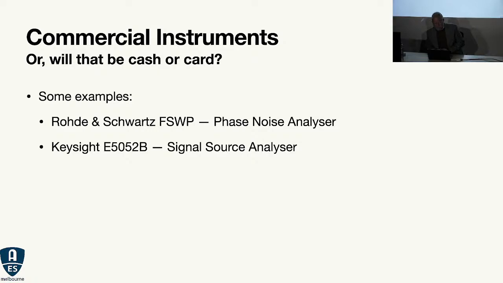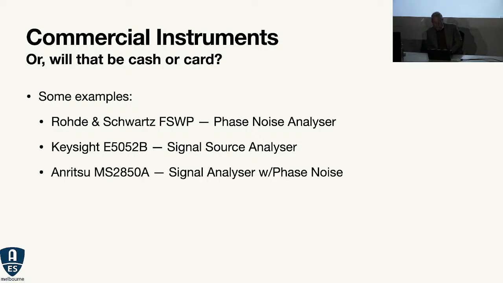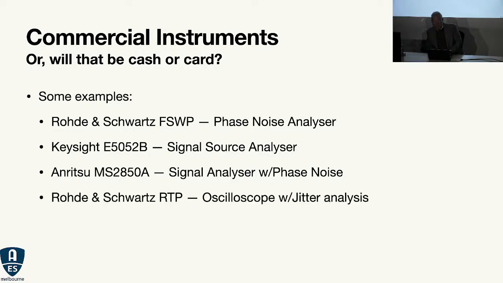A very common one is the Keysight signal source analyzer. There's also an Anritsu box that is very nice. Interestingly, some of the oscilloscopes that are out there can do this. Now, these are not the ones that you're going to get off of Alibaba.